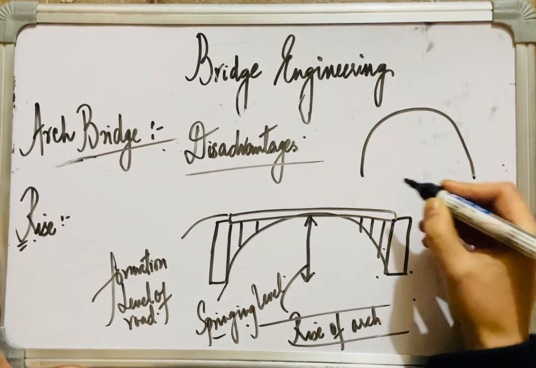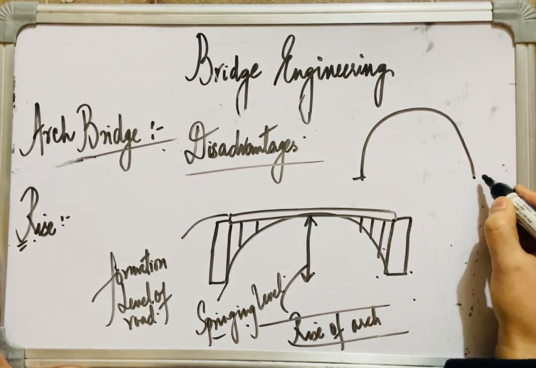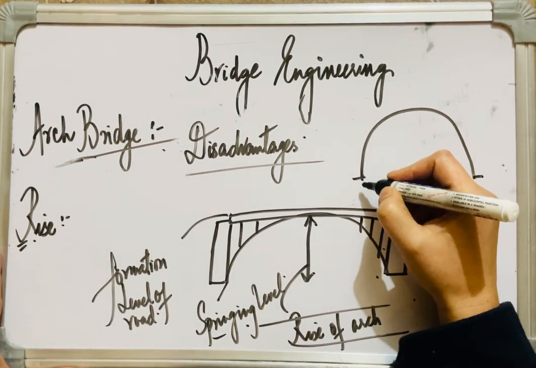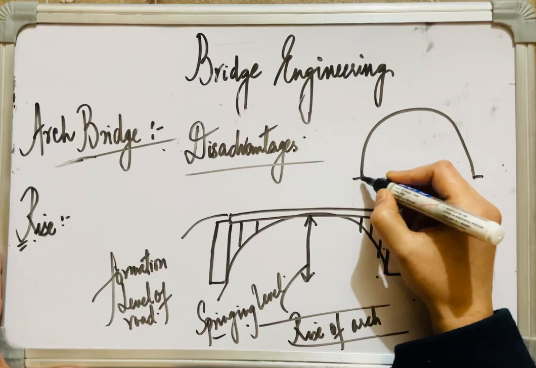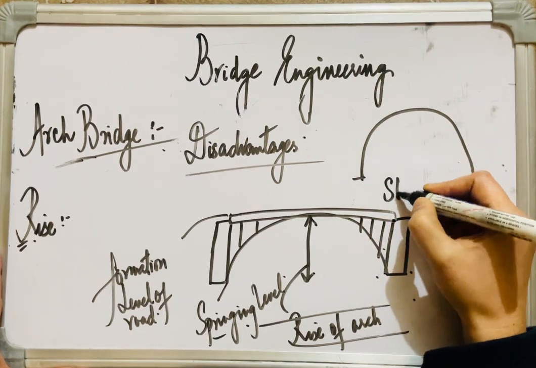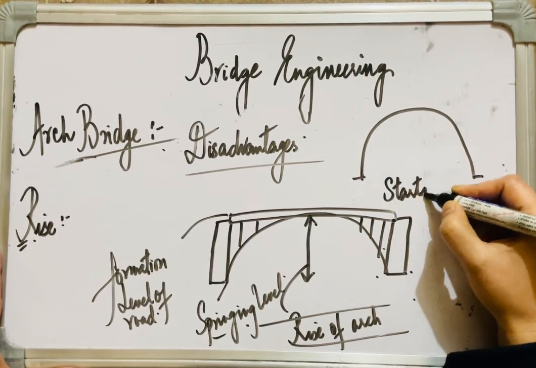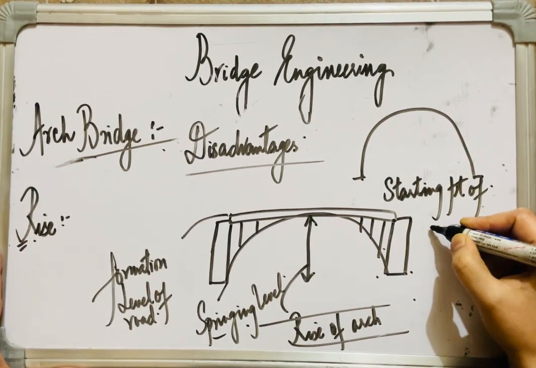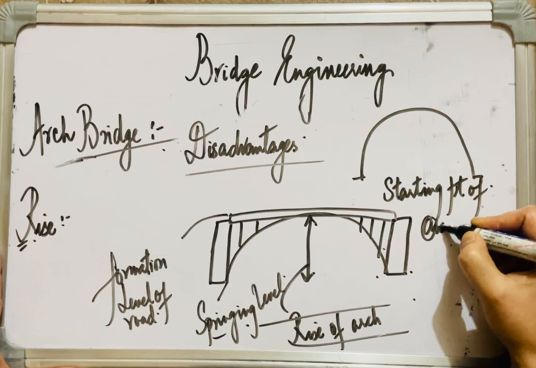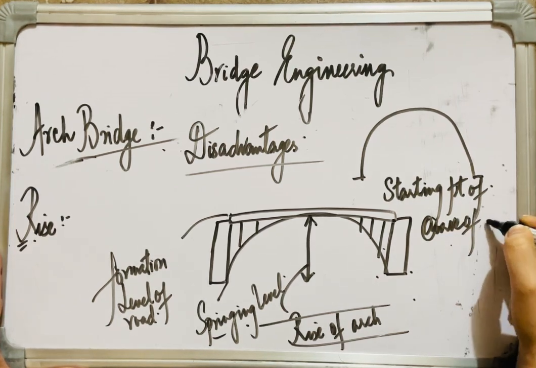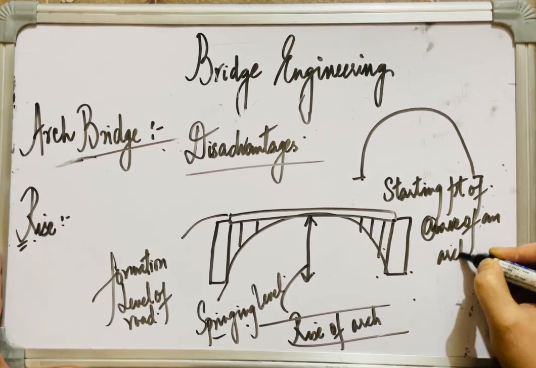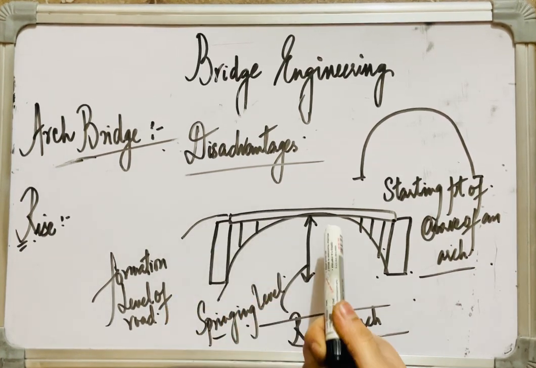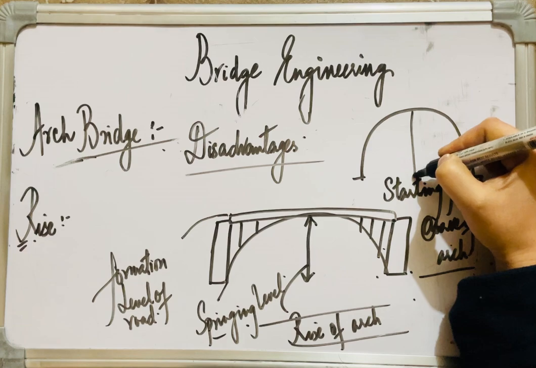This is the arch. These are known as the springing levels. Springing level is the starting point of the arch's curve. So this is the springing level, the starting point of the curve of an arch. All right, that is known as the springing level. This is the formation level of the road, and this is known as the rise of the arch.